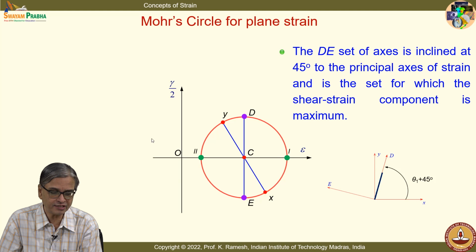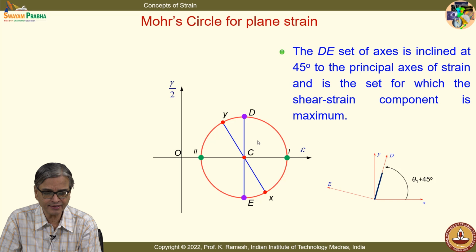That means center shifted to this place. Okay, now it is away from the origin, so I have some value of normal strain as well. So, you have this as theta 1 plus 45, that is what you see in the physical plane, and in the Mohr circle it is twice the angle.